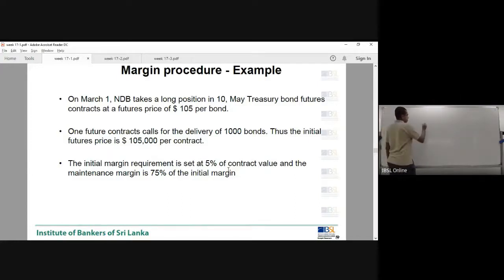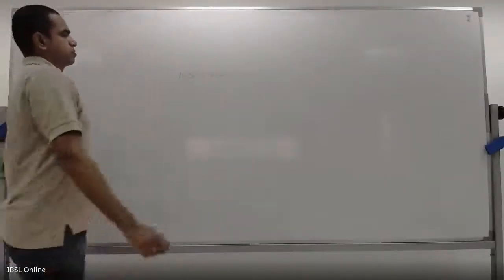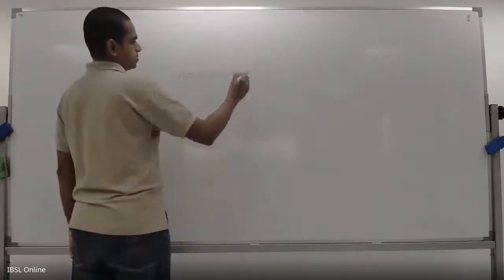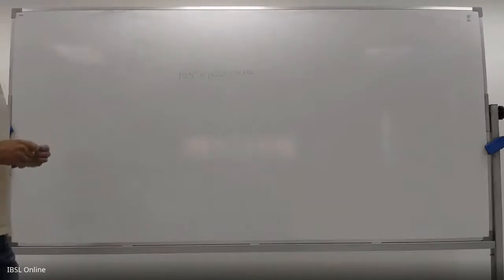So the price of a bond is 105. You have 1,000 bonds in each contract. Likewise, you are buying 10 contracts.